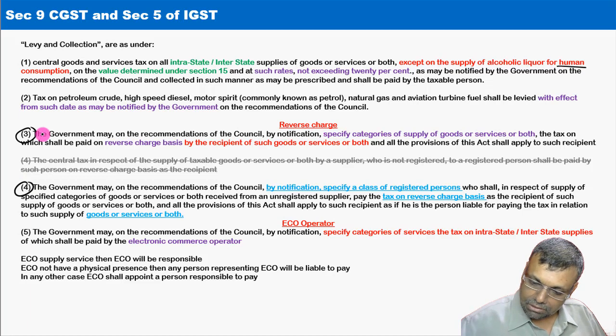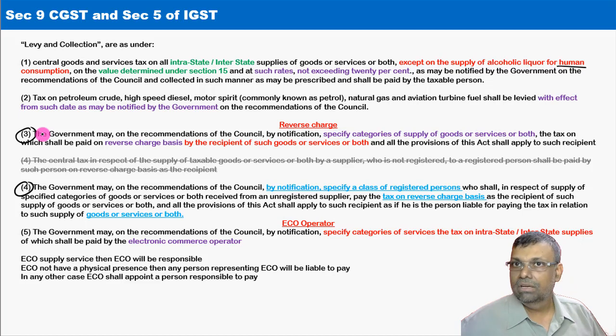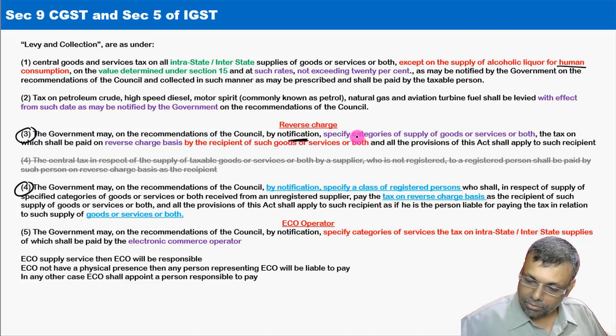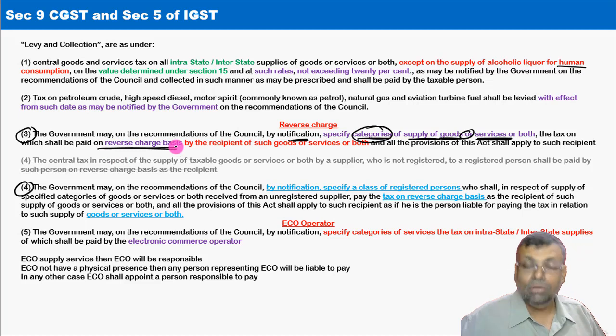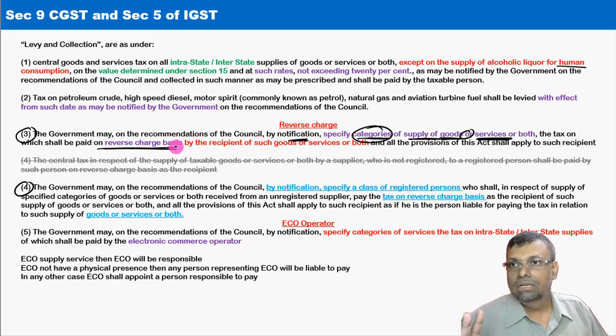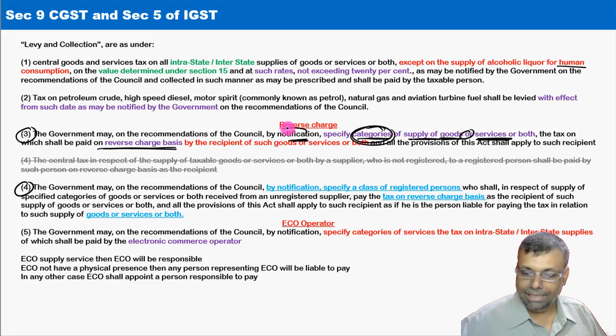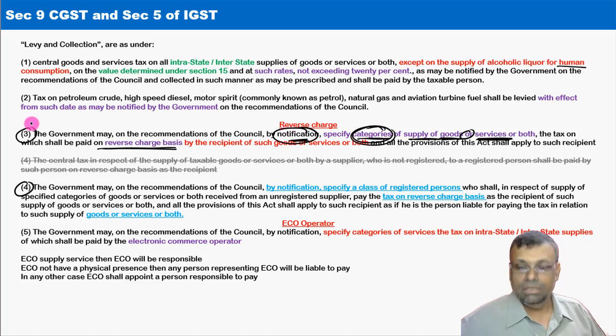First of all, subclause 3 says that the government, on the recommendation of the council, has the power to notify specified categories of supply of goods or supply of services on which the tax will have to be paid on a reverse charge mechanism. That means some of your purchase items, but the specified categories, not all the categories, which the government will notify from time to time, will be covered by your reverse charge mechanism.